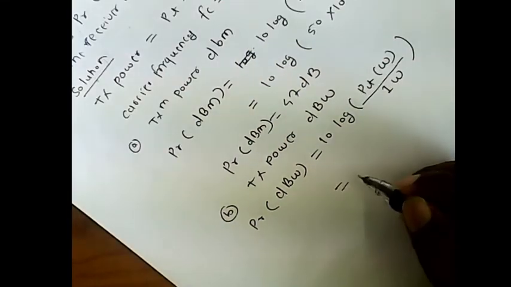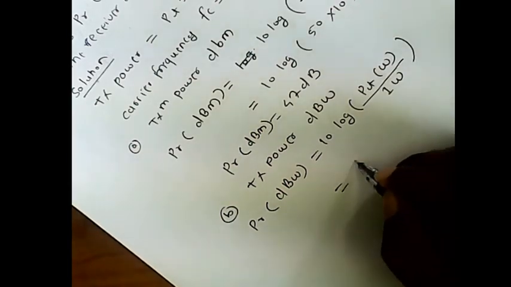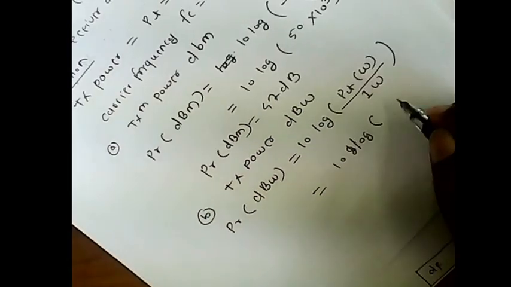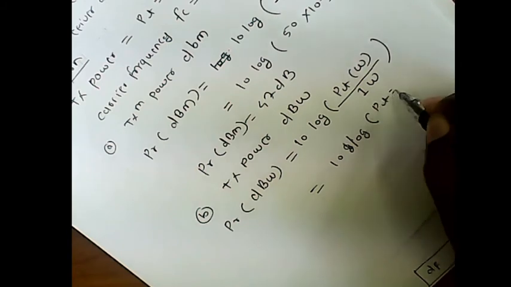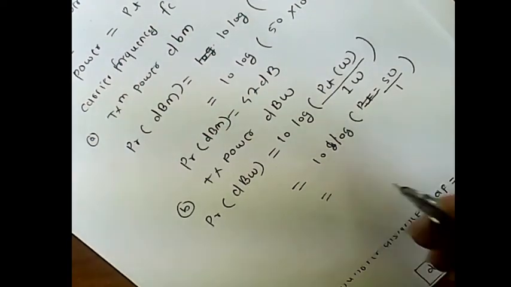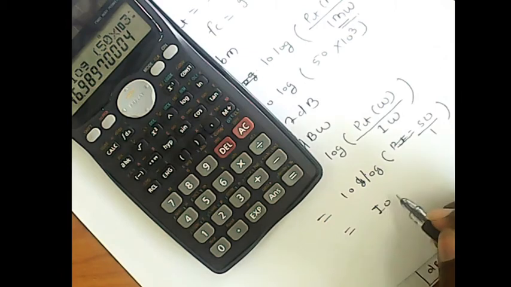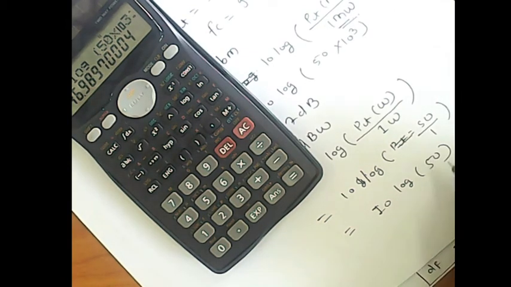So we can put the values. 10 log 50 divided by 1, which becomes 10 log 50.